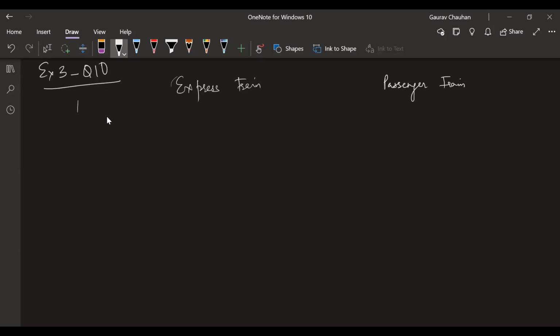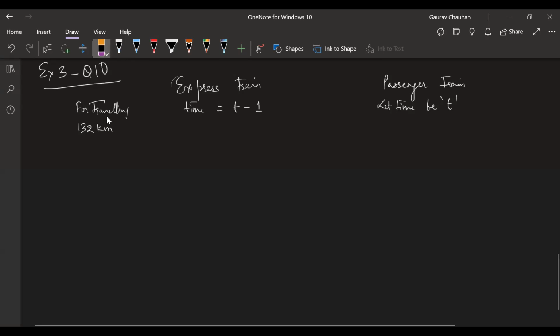Firstly, for traveling 132 kilometers, for the passenger train, let time be t. Then the express train's time is equal to t minus 1. We can do that, or we can do it the other way also.